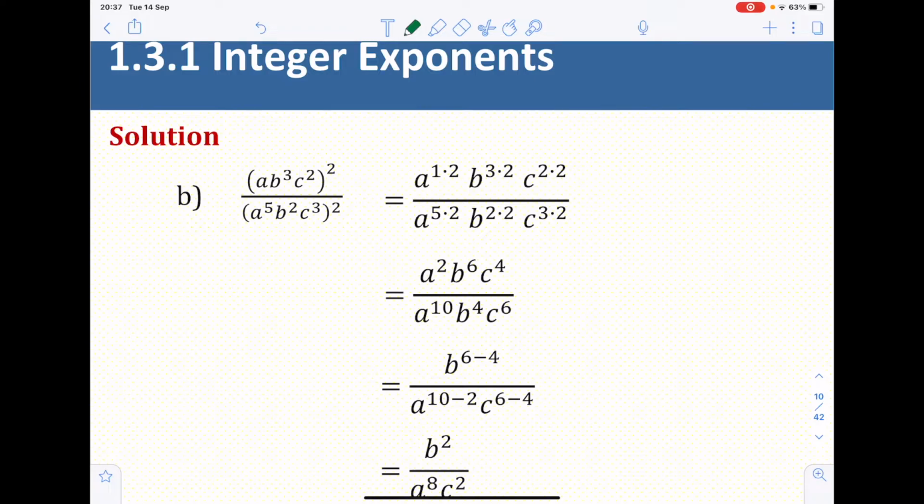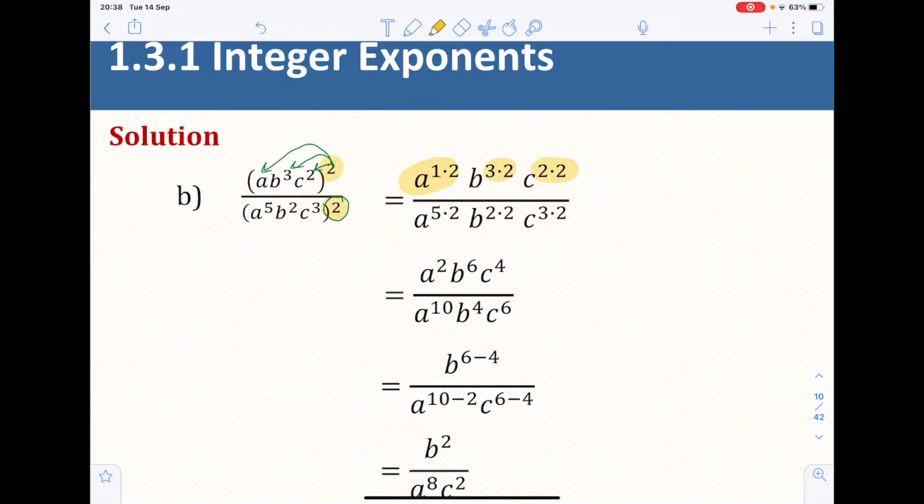Okay, for this part, first I have to distribute the power. So I will distribute the power to A and B and C, and also this power. A power to a power means I will multiply the powers together. So here A to the power 2, then B to the power 3 times 2, then C to the power 2 times 2.